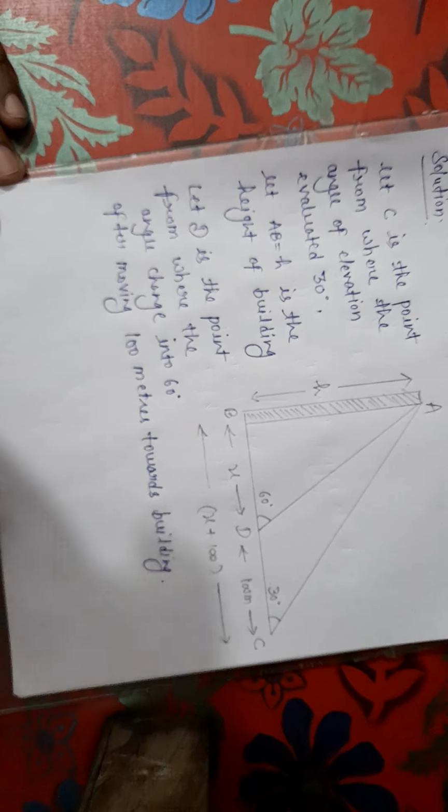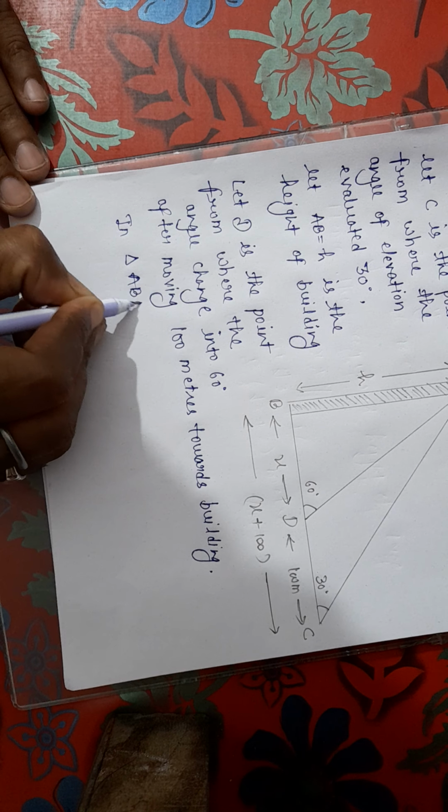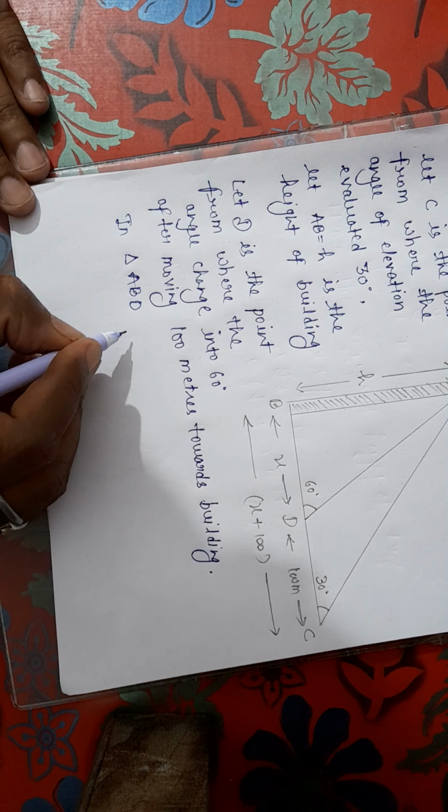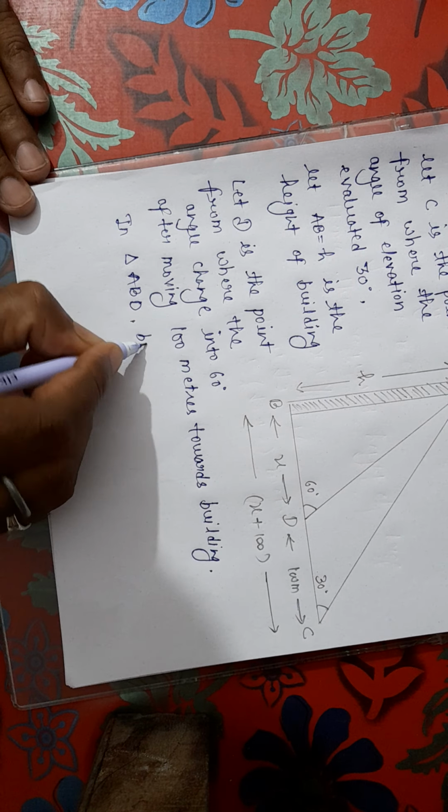So first let's see in triangle ABD. Why the tan rule? So apply the tan rule here. Theta value is 60 degree.